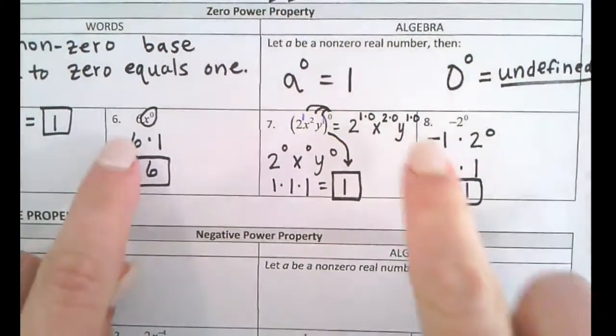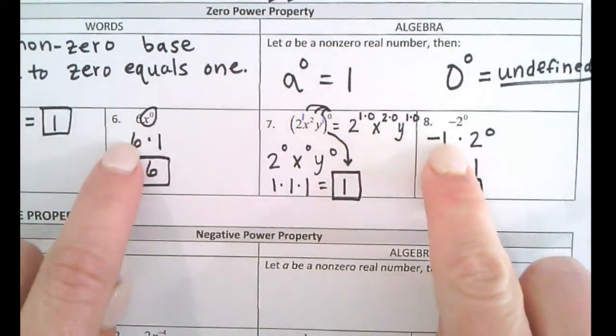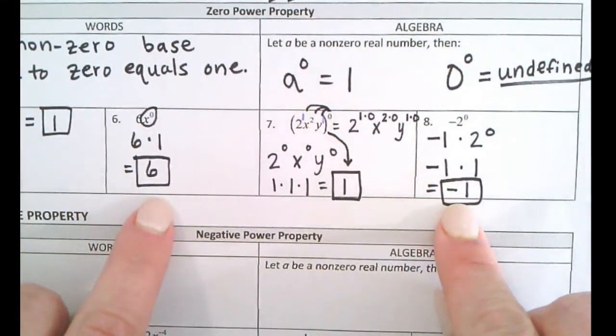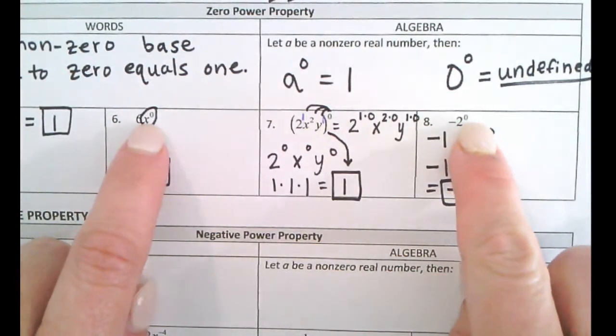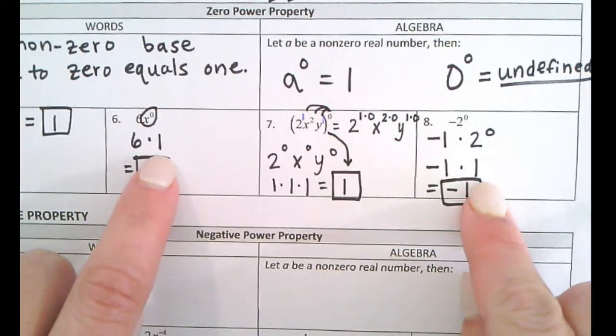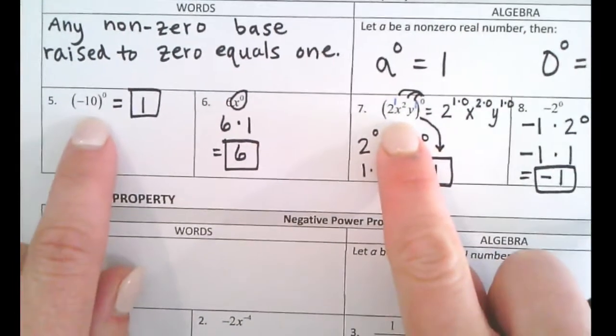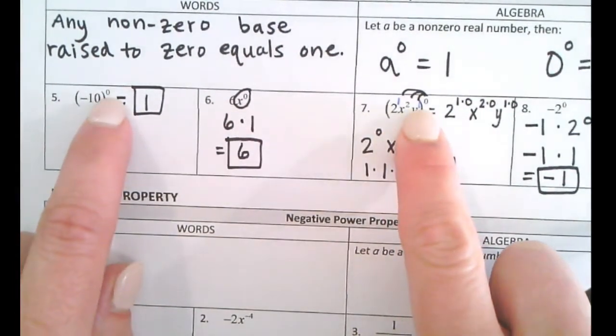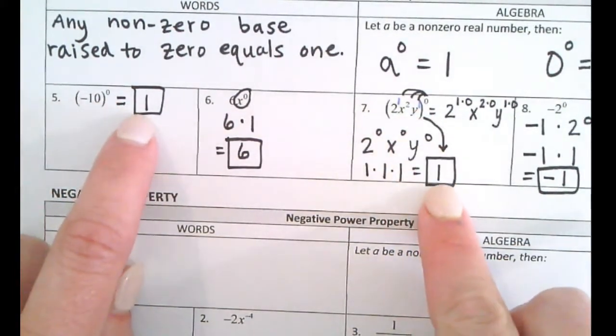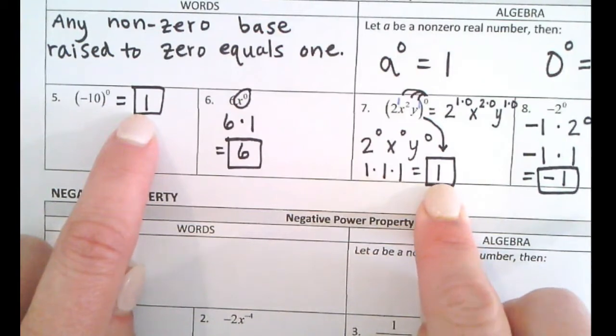So if you have a number attached to the outside, it ends up being that number, because anything else attached to 0 gives you a 1. But if the entire problem is inside parentheses raised to the 0 power, your final answer is positive 1.